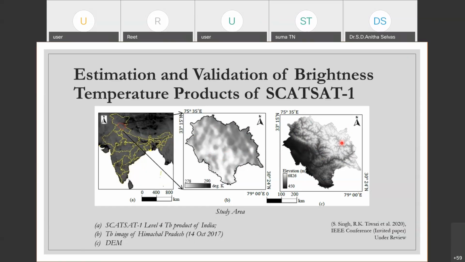So MODIS data has a particular validity and accuracy which is well studied. So if we can correlate the SCATSAT-1 data with the MODIS data and find out how much these two datasets correlate, then we'll have an alternative to find the brightness temperature on a daily basis, using the MODIS data, daily finding the daily temperature is.